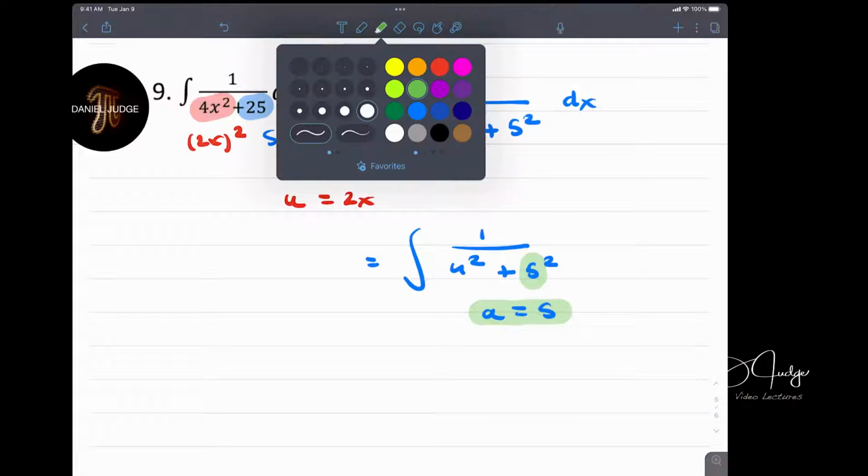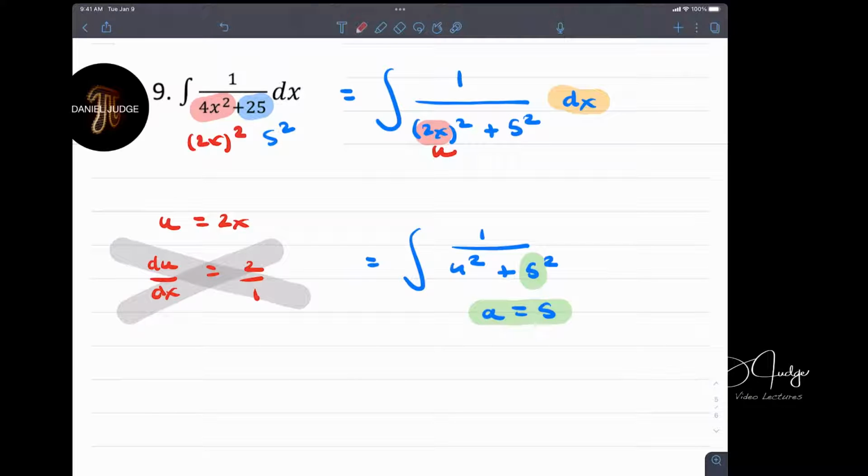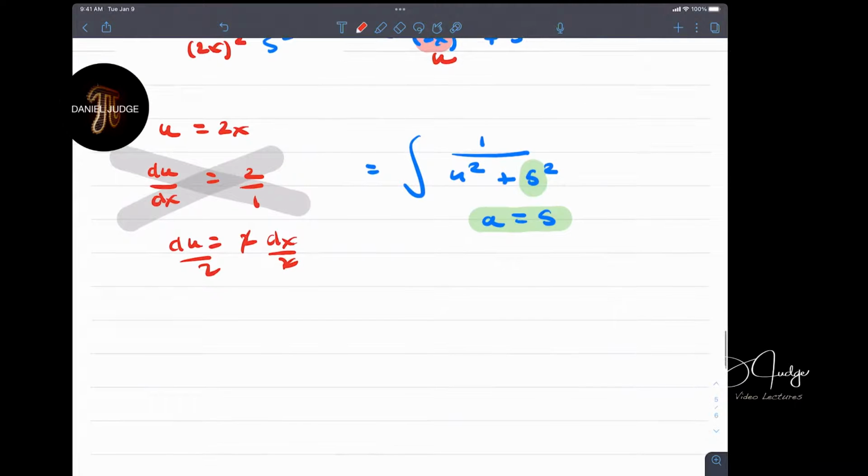And, of course, we need the dx portion. So the second you do u being 2x, what you want to do by u sub is you'll get du/dx is 2. Again, 2 over 1, you have a proportion, cross multiply, solve for your dx. And you'll get du is 2 dx, divide both sides now by 2. And you get du over 2 is dx.